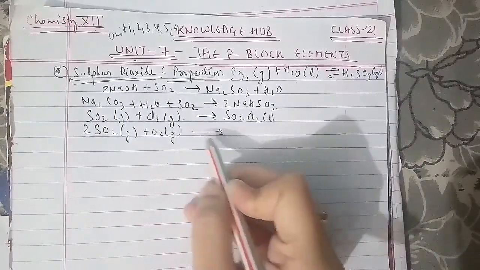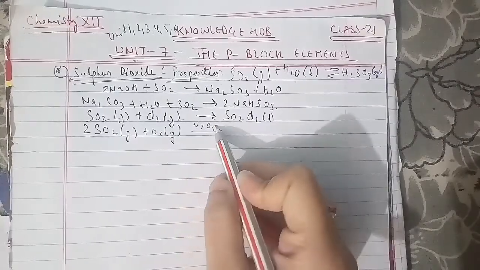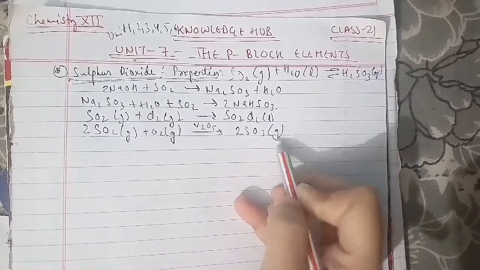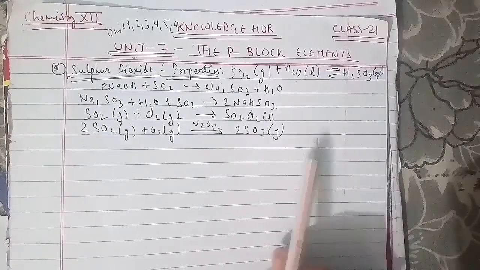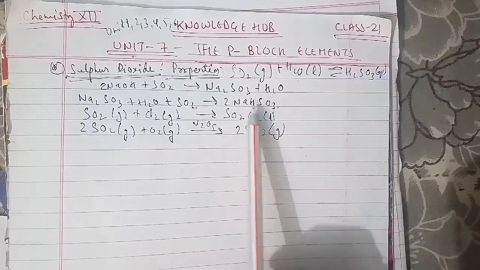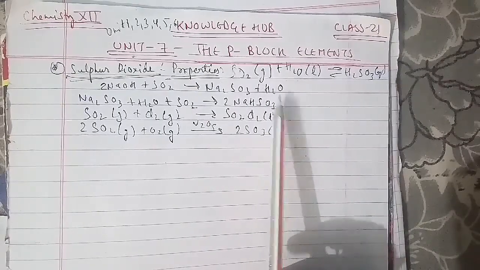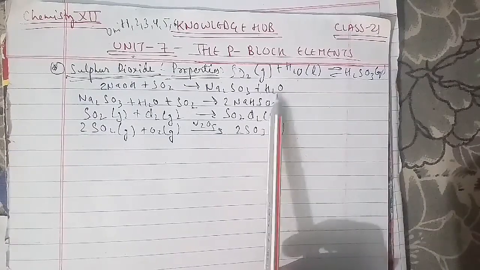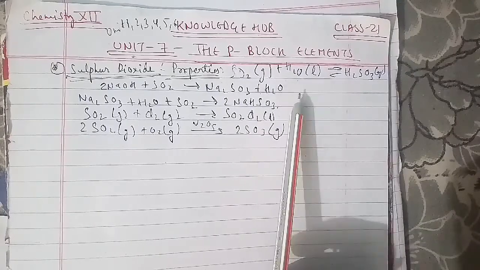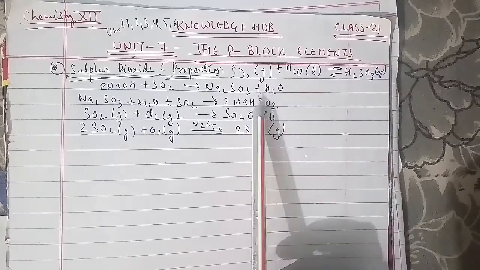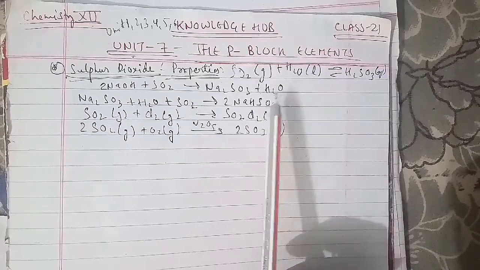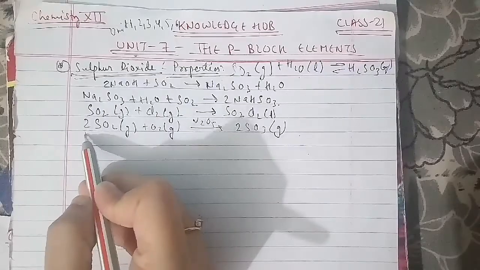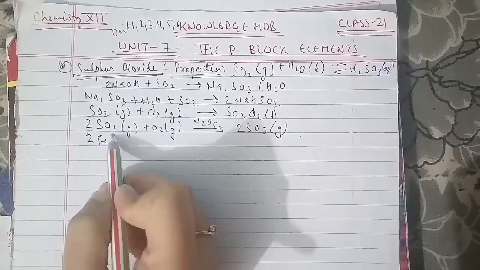When moist, sulfur dioxide behaves as a reducing agent. For example, it converts iron(III) ions to iron(II) ions and decolorizes acidified potassium permanganate (VII) solution. The latter reaction is a convenient test for the gas as well. The reactions are as follows: 2Fe3+ plus SO2 plus 2H2O will give 2Fe2+ plus SO4 2- plus 4H+.